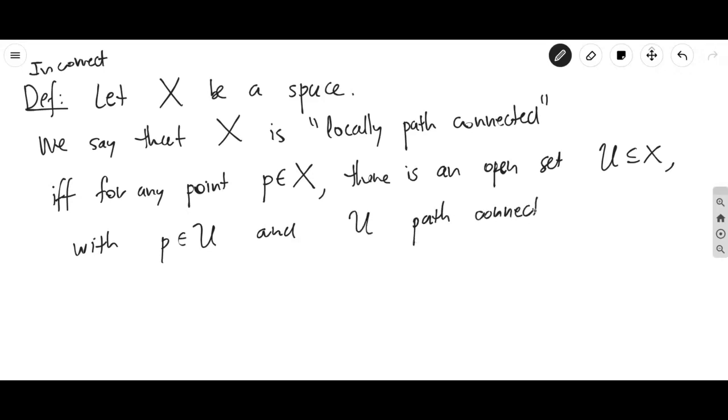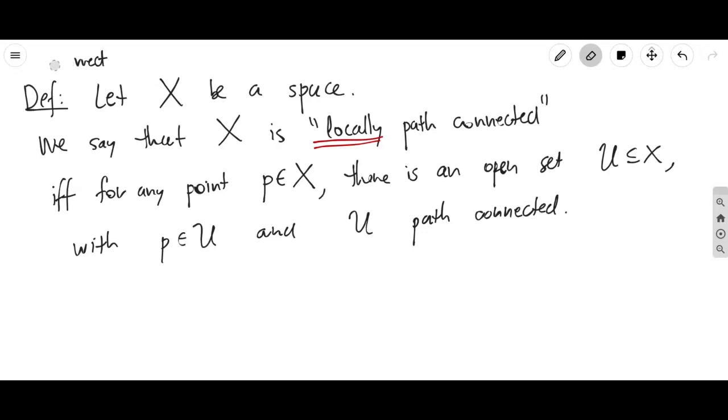So path connected subset. That's what you would think, because you are saying locally path connected. It's path connected on a local level. What does it mean to be on the local level? That means on the level of open sets, that you can choose a small enough open set where things work out. And you can do that locally at every point. So you pick a point, you can choose a small enough open set that contains that point, and that open set is path connected itself. Unfortunately, that's not the actual definition.